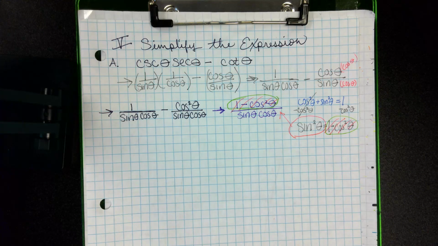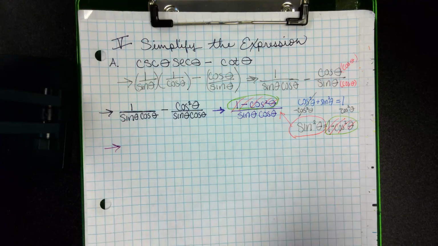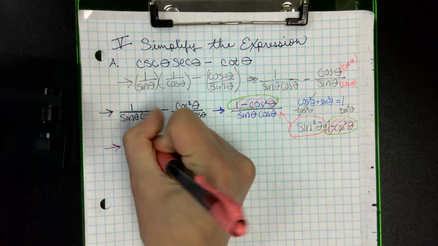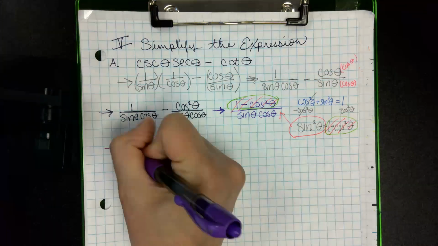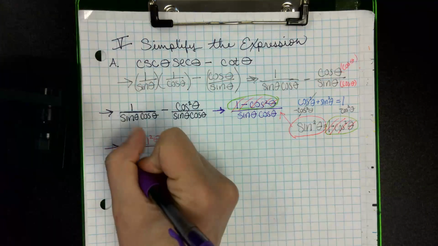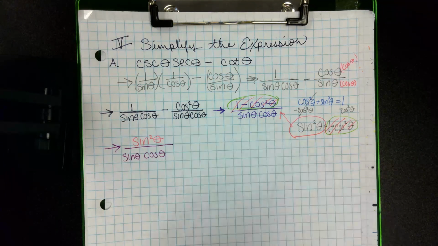So this next step, I'm going to have sine squared theta on top because I just switched it out. And I didn't do anything to the bottom. It's sine theta, cosine theta. So now I have a single fraction instead of a binomial over a common denominator.